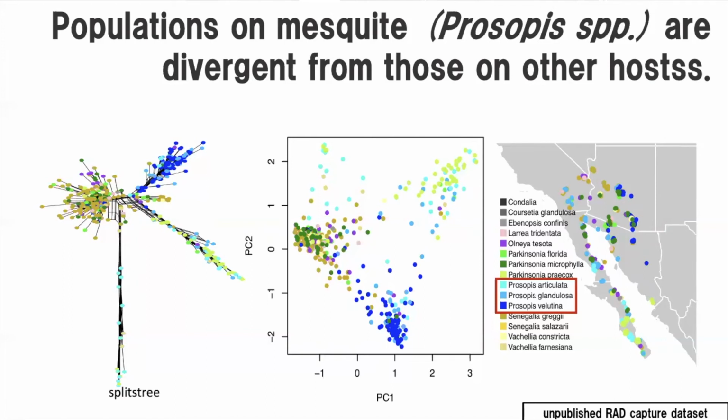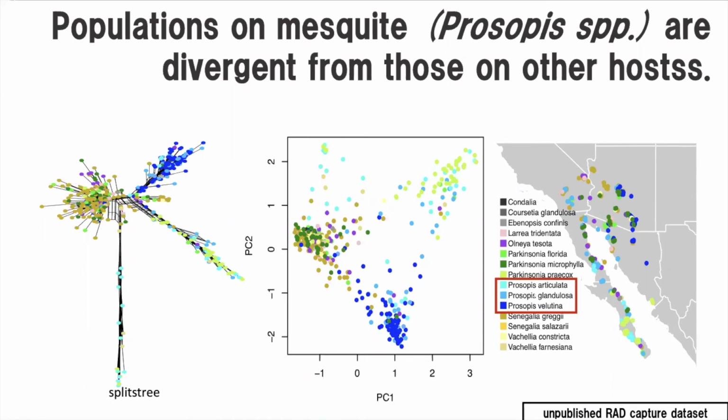But again, we see that the Prosopis species, so the mesquites, are really coming out as different, particularly on this second principal component. And this corresponds to some other published and unpublished prior work of mine that suggests that it's really mesquite that is quite different in terms of a host for a desert mistletoe than all of the other hosts.